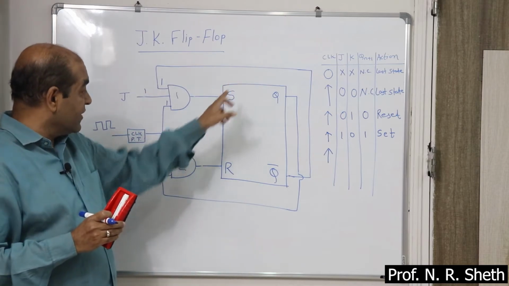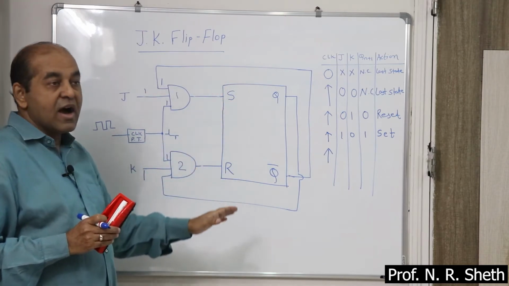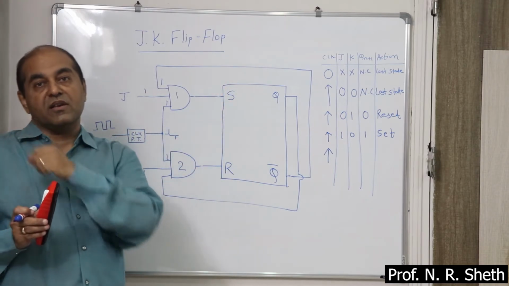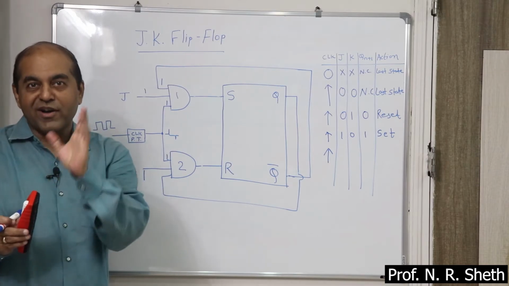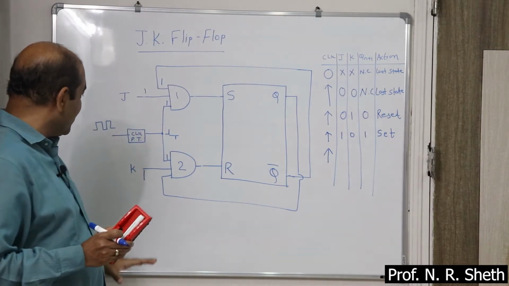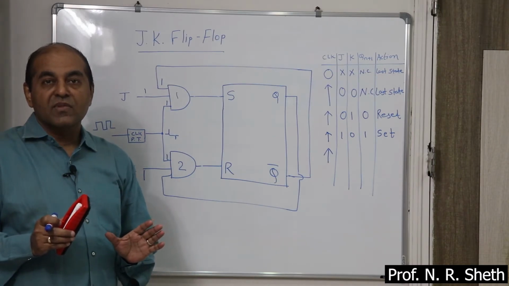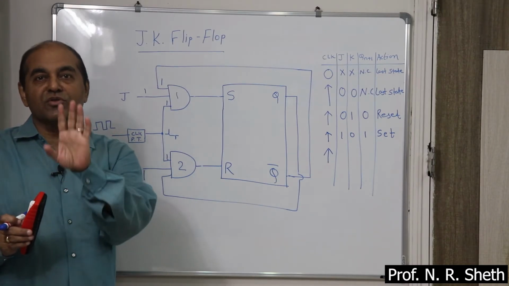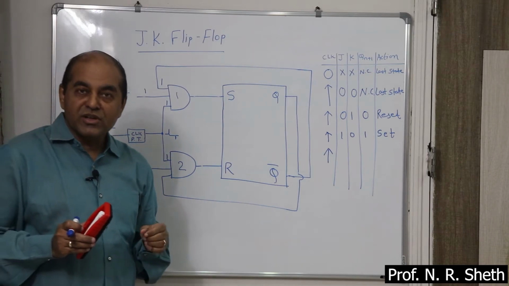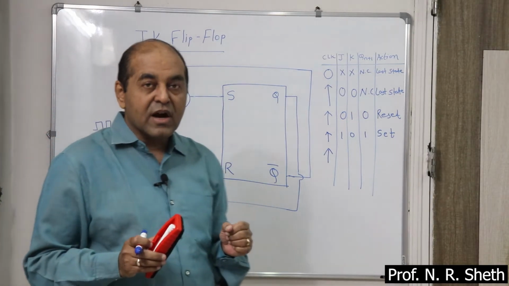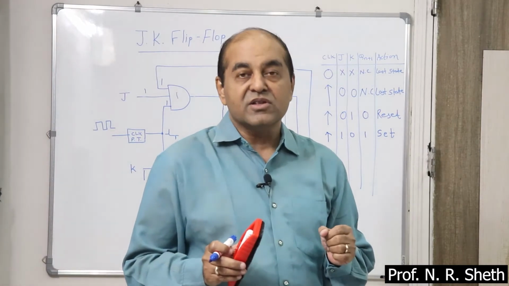See, in RS flip-flop, S is 1, R is 1 is a forbidden case. You have to avoid it. While in JK flip-flop, J is 1, K is 1 is extremely useful. And we are using this condition in counter circuits, digital counters.